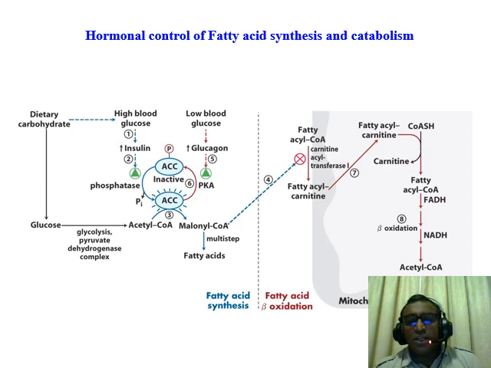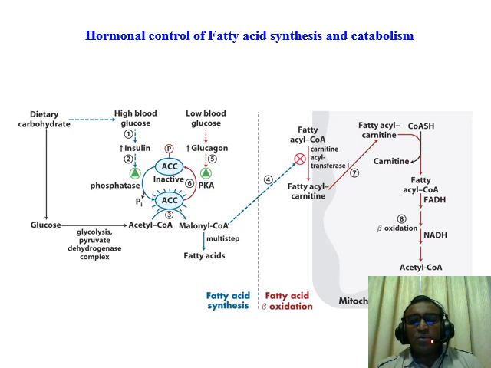This protein kinase acts by adding phosphate. It will add phosphate to acetyl CoA carboxylase and therefore deactivating the enzyme itself, the rate limiting enzyme for fatty acid synthesis. When ACC is inactivated, it will cause less and less acetyl coenzyme A to become malonyl CoA, and therefore fatty acid synthesis is in a way inactivated.